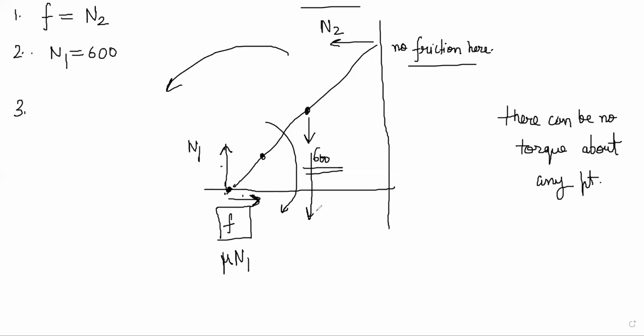So 600 is causing a torque of R cross F, this perpendicular distance. We can calculate this perpendicular distance, that is not difficult. This was 6, this was 6.5. So this was 12, 13, and 5. What is it?